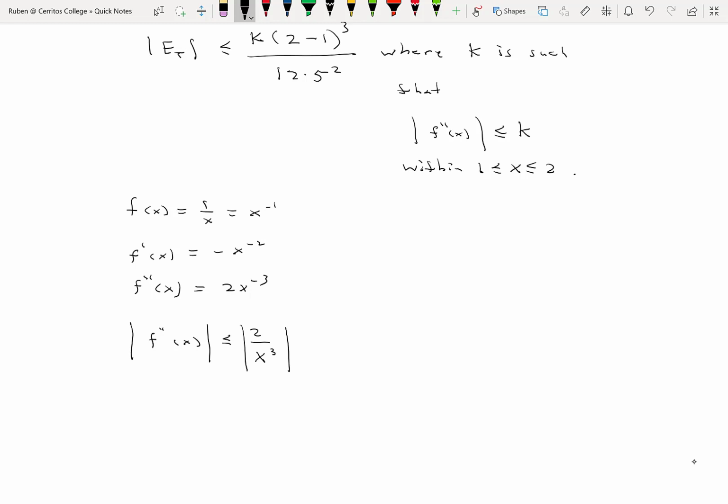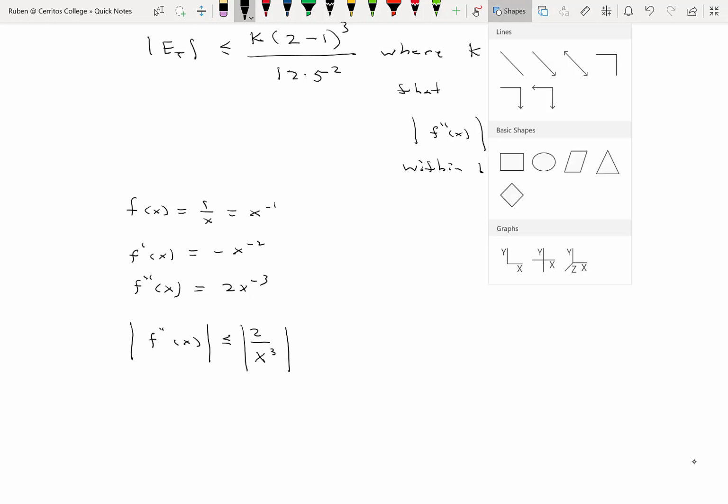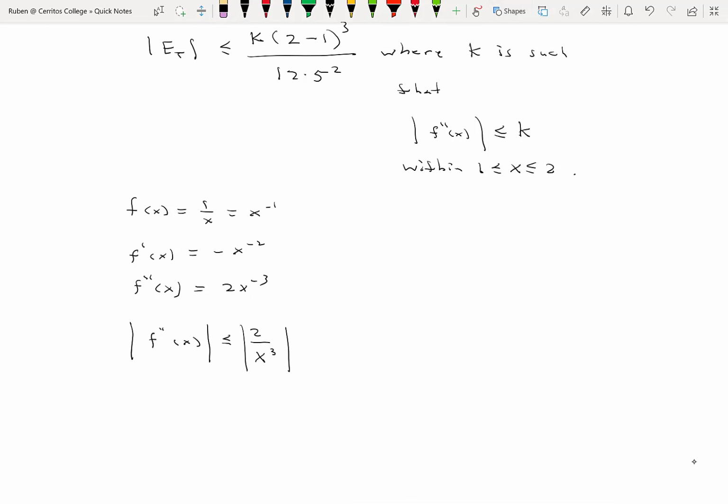Okay, now remember that we're considering the interval from 1 to 2. We're integrating over the interval from 1 to 2. And in that interval, there's something really nice happening with x. Over the interval from 1 to 2, x is positive.